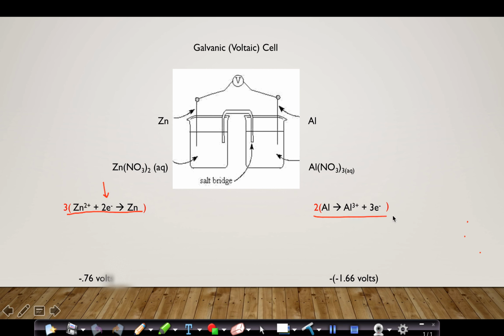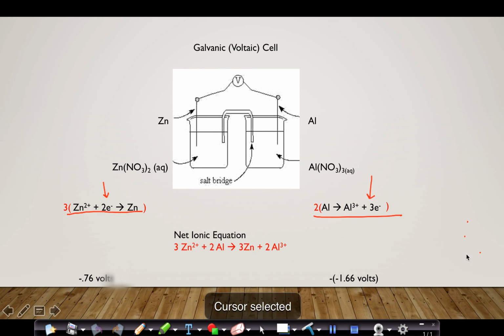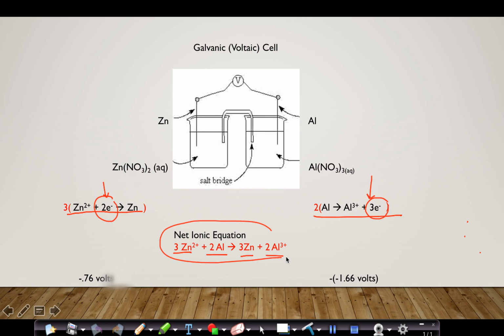We multiply the aluminum reaction by 2 to make the total number of moles of electrons go to 6. Once we do that, we put the reactants and products together, but the 6 moles of electrons on each side of the arrow will cancel out. 2 times 3 and 3 times 2, giving us 3Zn2+ plus 2Al yields 3Zn plus 2Al3+. So this would be our overall net ionic equation for this galvanic or voltaic cell.